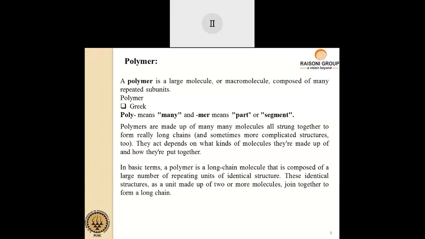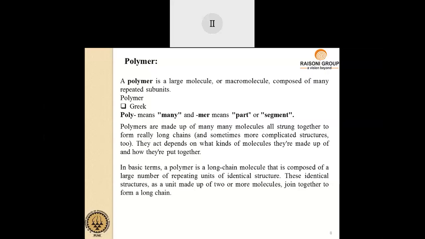Many repeated small units compose with each other and make a large molecule or macromolecule to form this polymer. The name polymer comes from a Greek word. In Greek, poly means many and mer means part or segment. As I told you, poly means more than one, many, and mer means small part or small segment.